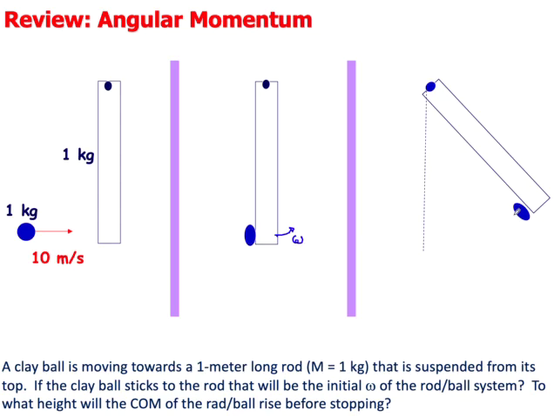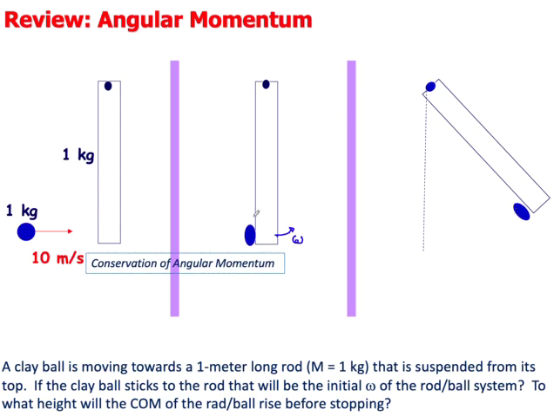This should remind you of the ballistic pendulum from the momentum conservation chapter. And yes, you can use angular momentum for the first part of this, because we can't just use energy conservation all the way through. Why?